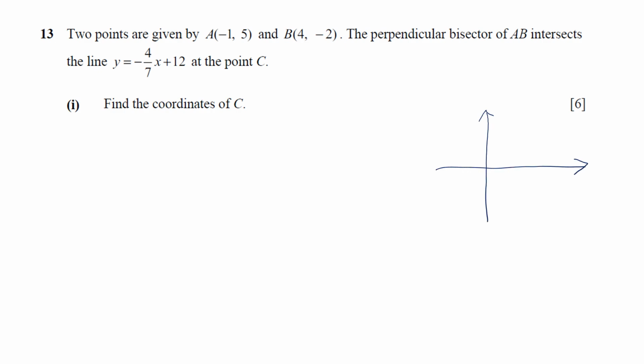So we have 2 points there. One point is negative 1, 5, so roughly here. Another point is 4, negative 2. Basically you need to draw a line joining these 2 points.